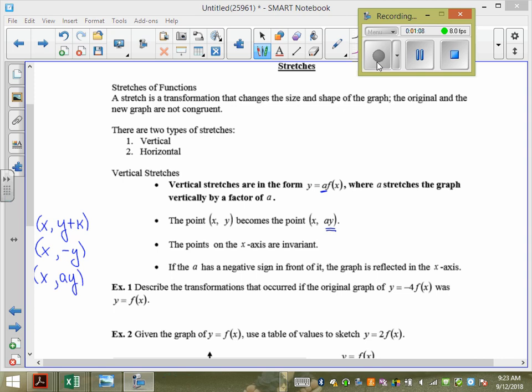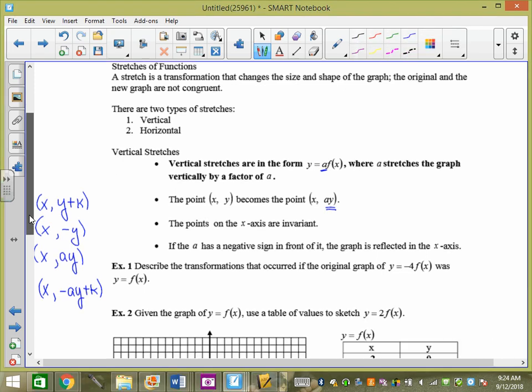So reflections and stretches multiply, and translations add or subtract, right? So if we had all of them, we would end up having negative ay plus k, technically, which is substantially more crazy than if we just add something or multiply by -1, right? That's why I said mapping is important to follow along, because once we have them all together, it gets a little crazy. Okay.